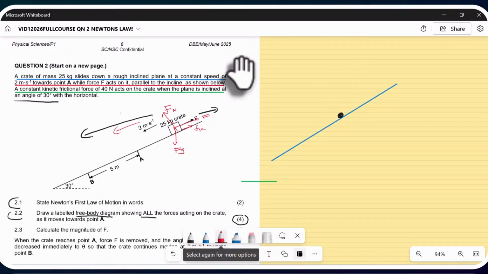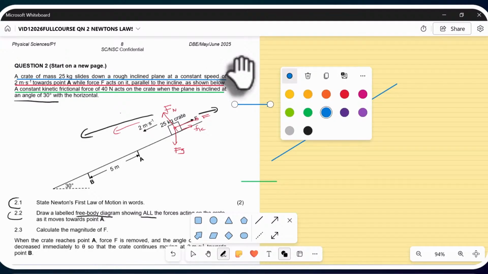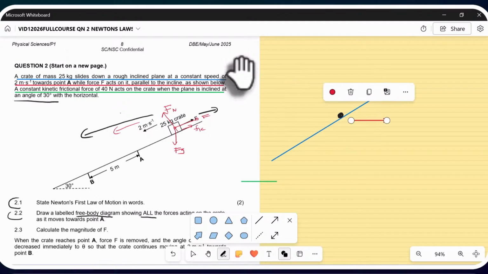This FG is pointing downwards, as you can see in our diagram. Then we have the normal force, which must be perpendicular to the surface, like you see it here. Hope it makes sense to you.